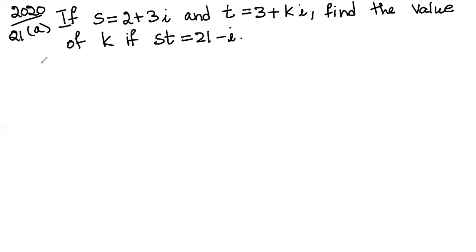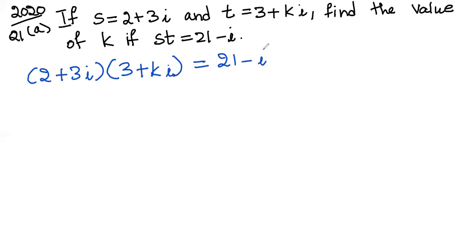So we have s given as 2 plus 3i, and t, it's a product, isn't it? st. So we have to multiply these two. So 2 plus 3i, and then we have 3 plus ki equal to 21 minus i.